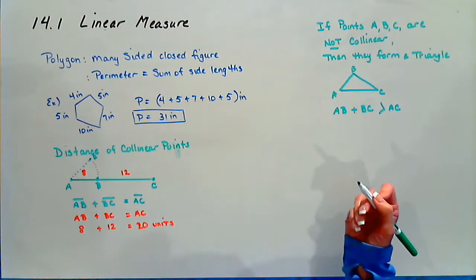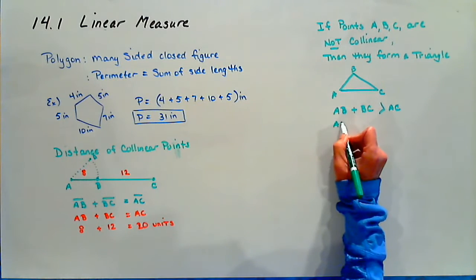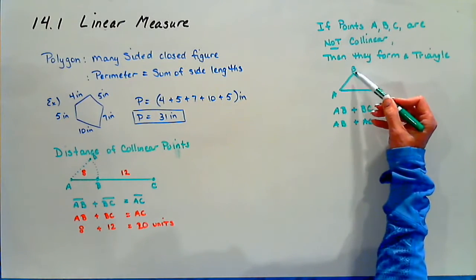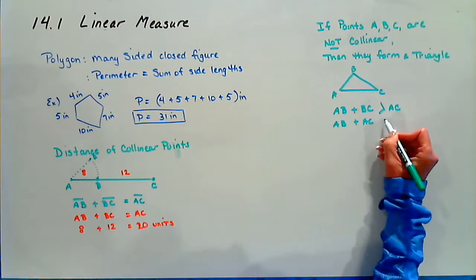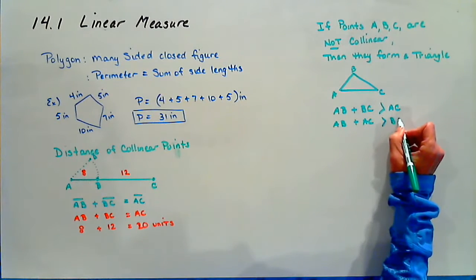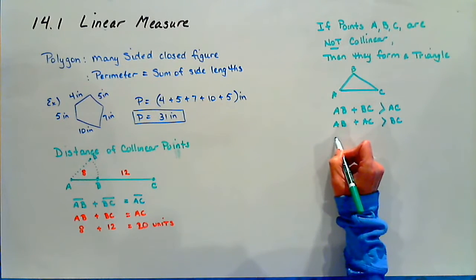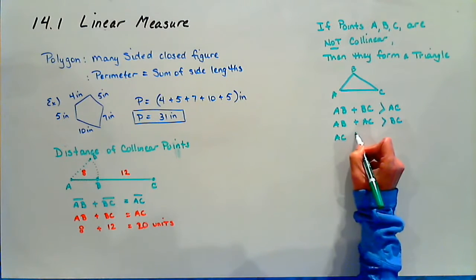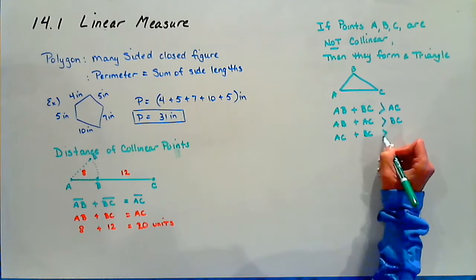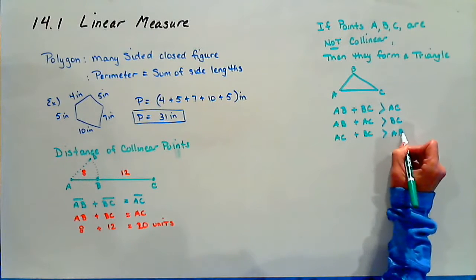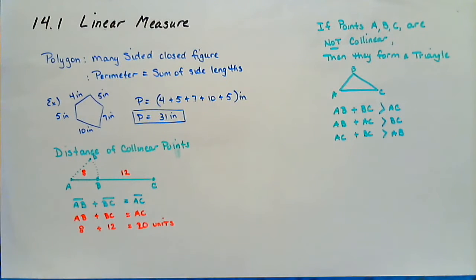Or another version of this could be, let's take AB and add it to AC. That's got to be longer than side BC. Or let's take AC and add it to BC. That's got to be greater than side AB. So any two sides of a triangle added together will always be greater than the third side.